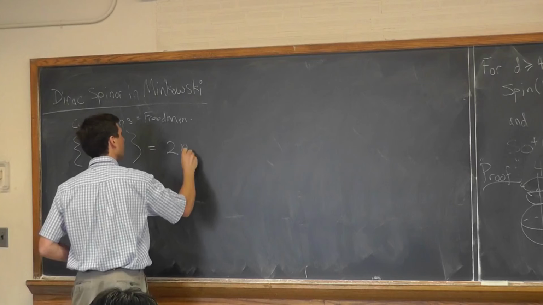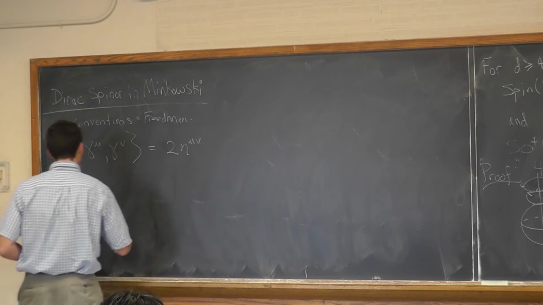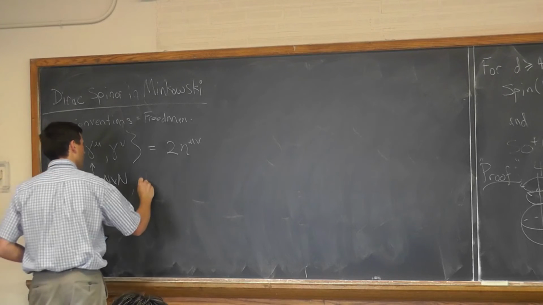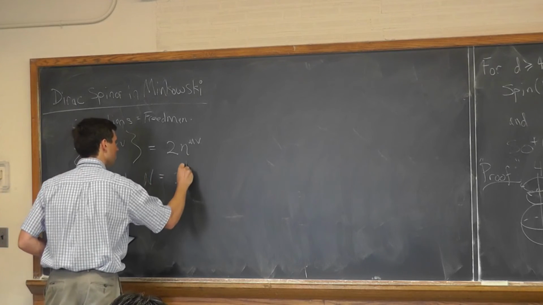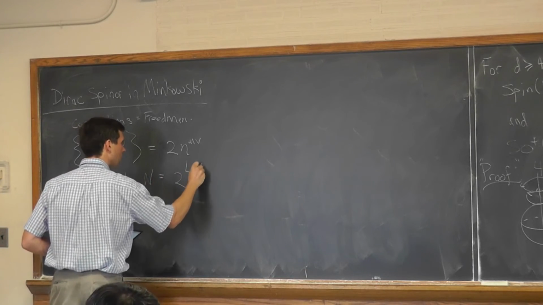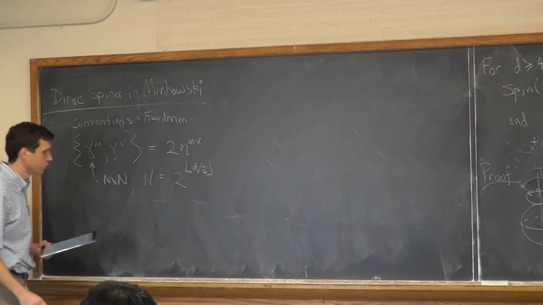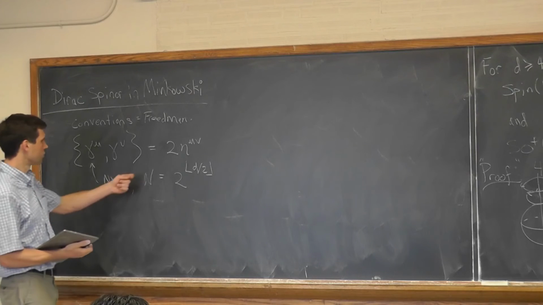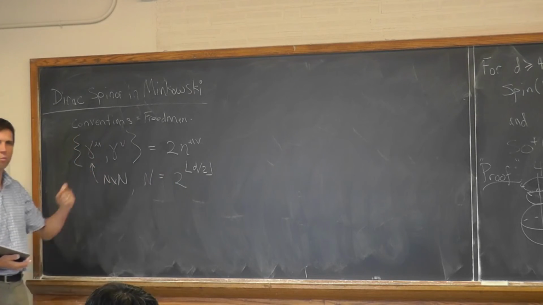The anticommutator of gamma mu and gamma nu is 2 eta mu nu, where gamma is an N by N matrix. N is equal to the bracket d over 2. So this is just how big you have to make it to get this to work.